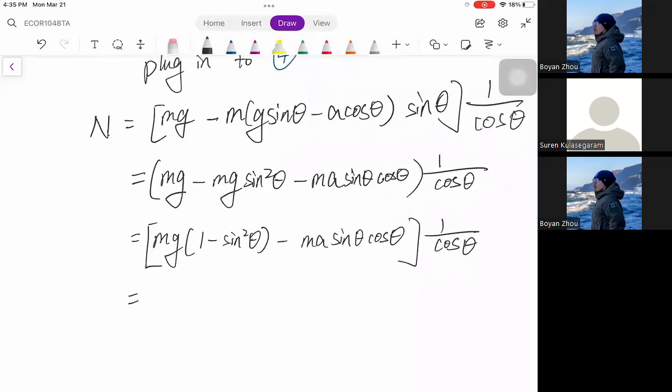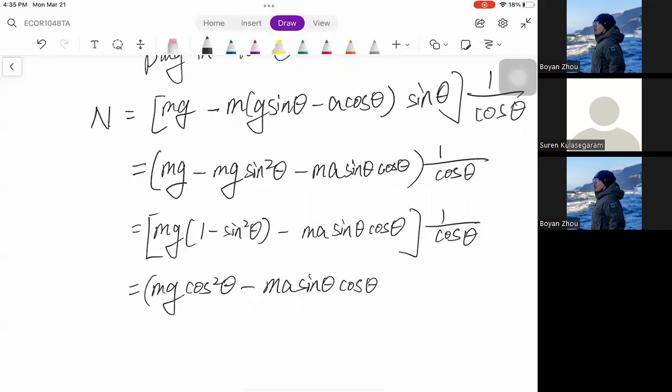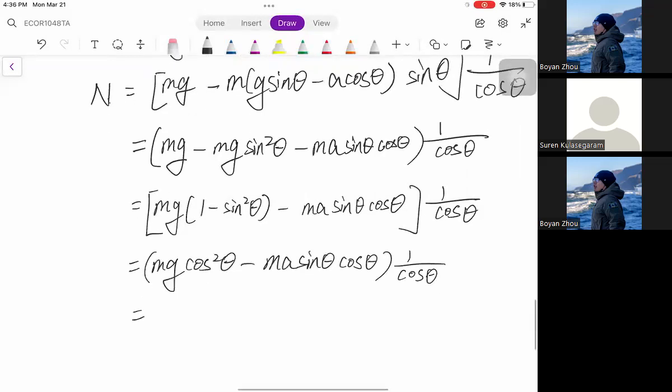So 1 minus sine squared theta is equal to cosine squared theta. That is mg cosine squared theta minus ma sine theta cosine theta, times 1 over cosine theta. And then you can see the cosine theta can cancel out. So eventually you have mg cosine theta minus ma sine theta.